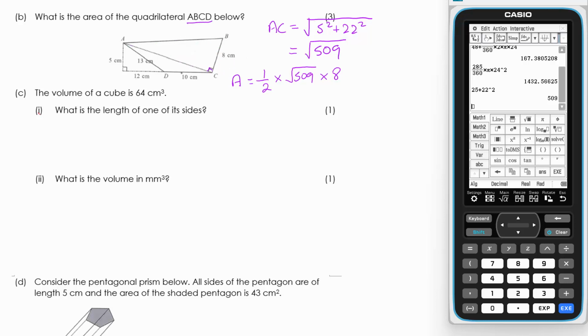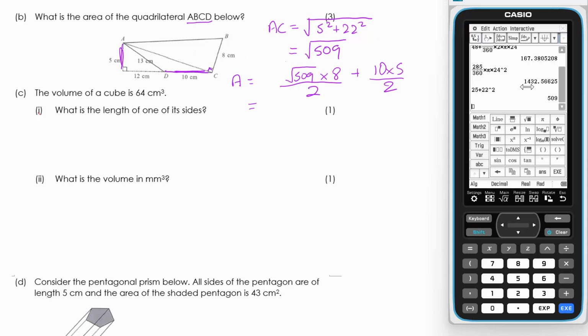And then for the other triangle, I can use the base as 10 and the height as 5. So I've got base times height divided by 2. Note here, I did it as half base times height, but base times height divided by 2, I think, is what most students like to use. So we could do it like that. And then we just need to work that out.